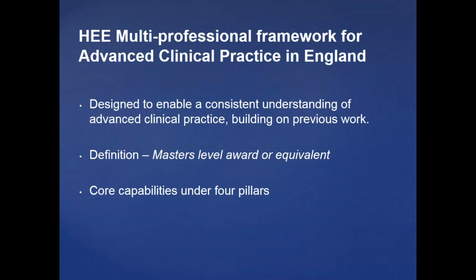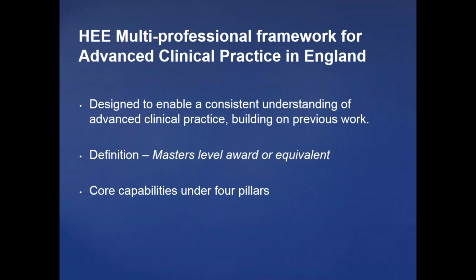Initially, there were what were described as the core capabilities, and these have been described under 4 pillars, which many of you will recognise as pillars used in other country work. So we have the clinical pillar, leadership and management, education and research, and that also echoes the 4 categories used in the apprenticeship standards, so there's a read across there.